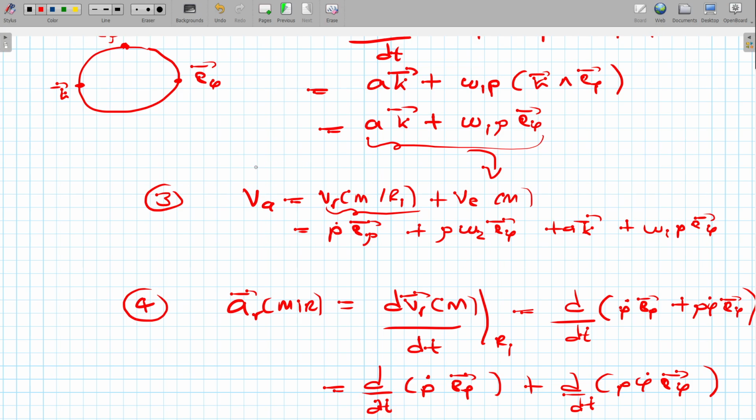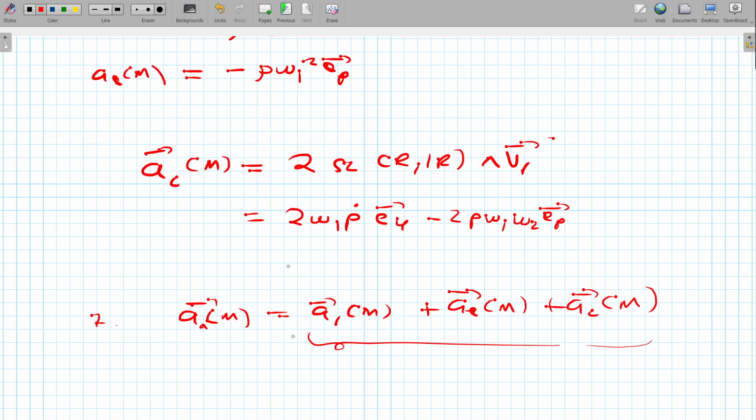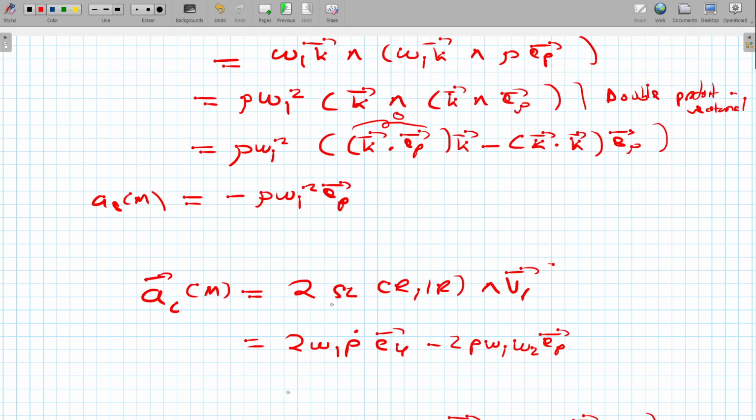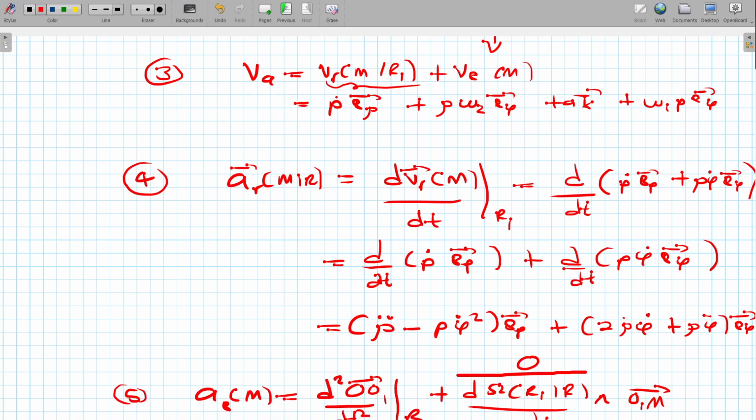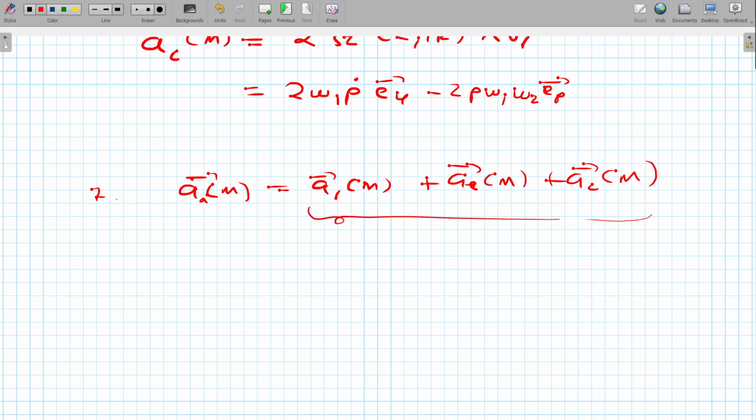Just apply the formula. Always apply the formula. Find the accélération d'entraînement, find accélération de Coriolis, and then find accélération relative, and then add the terms. Don't attempt to take the derivative of vitesse absolue so as to find accélération absolue.